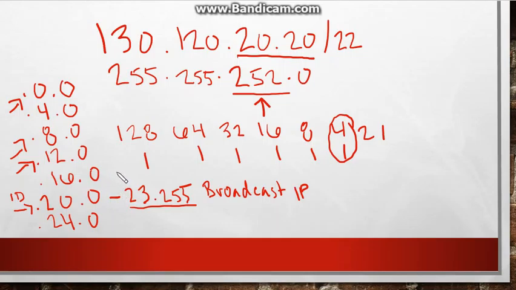If we continued this out, this would be 19.255, and then just continue writing it out. Now we know all the network IDs and all of the broadcast IPs for any given subnet mask. This is the same steps that we took with Class C. We just moved over one octet to the third one, and we also have to include that last octet.